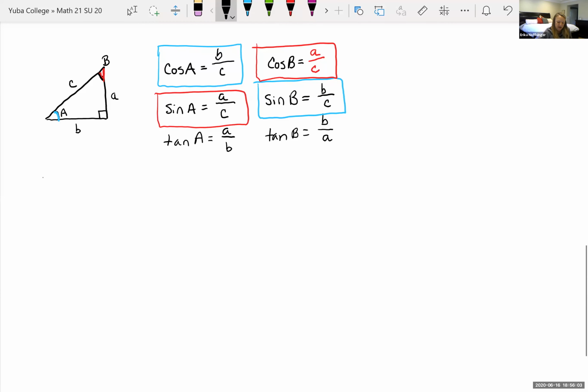How do you think you find angle A or angle B, knowing that we have a right triangle? We have a right triangle, and we know that the sum of the angles has to be 180 degrees. What do we know about the sum of angle A and angle B?